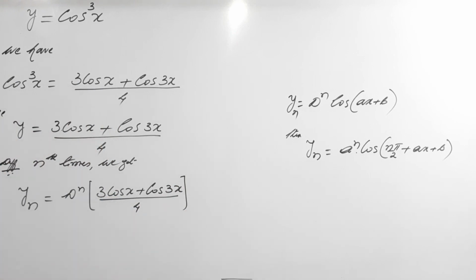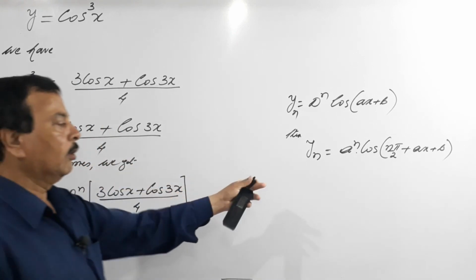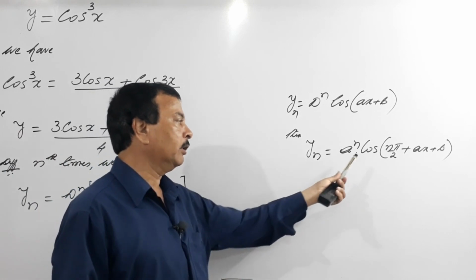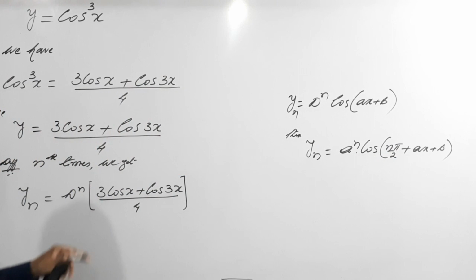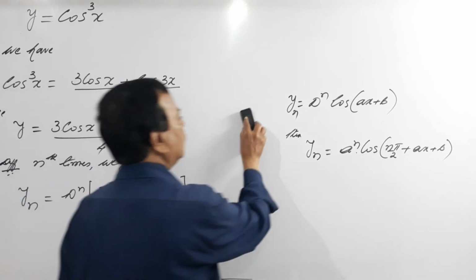Done. Now what we will do? We know this formula, yn equals a to the power of n into cos of n pi by 2 plus ax plus b. In this case, we will try to apply this formula and do it. So what will I do? I will do this.